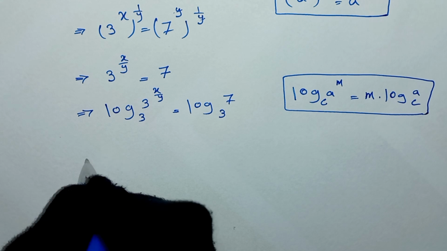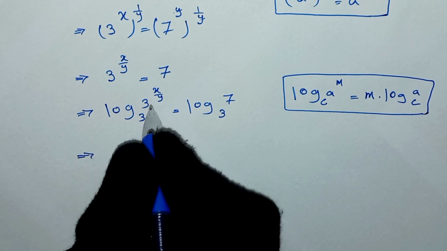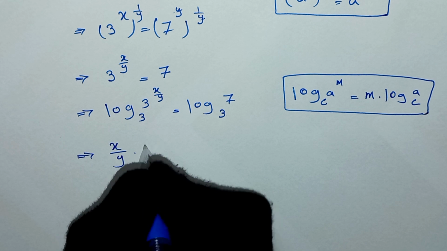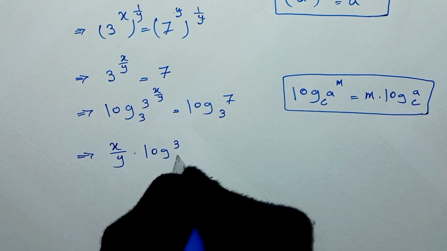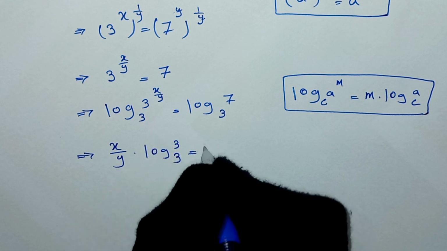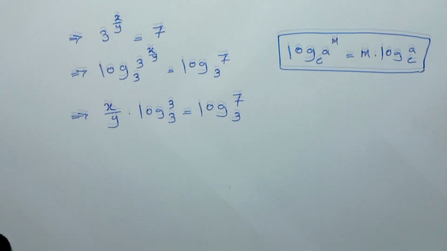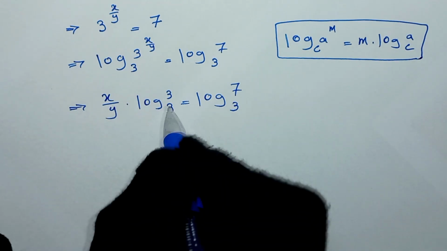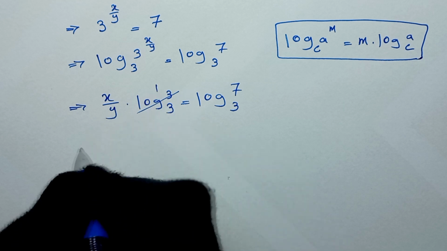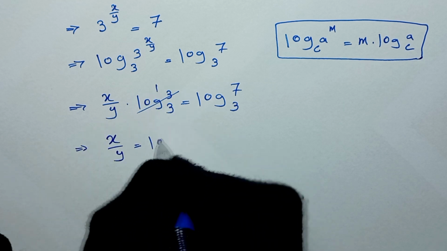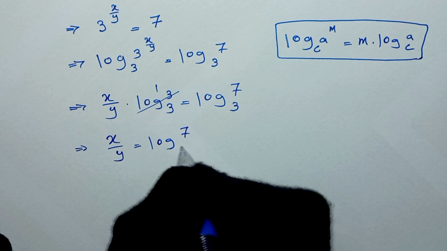And in here, we can write this as x over y times log of 3 to base 3 is equal to log of 7 to base 3. Log of 3 to base 3 is 1, and in here, it will be x over y is equal to log of 7 to base 3.